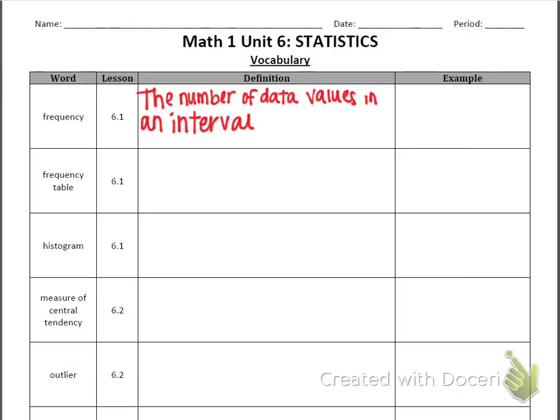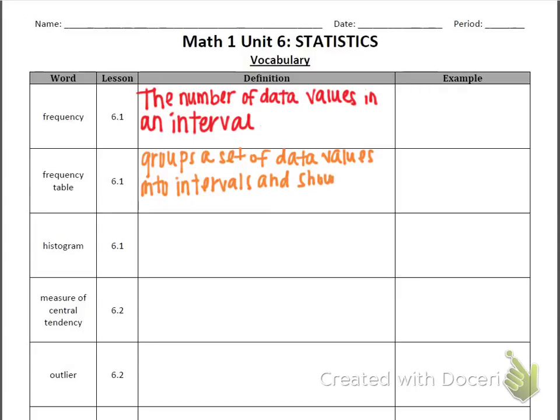So a frequency table groups a set of data values into intervals and shows the frequency for each interval.